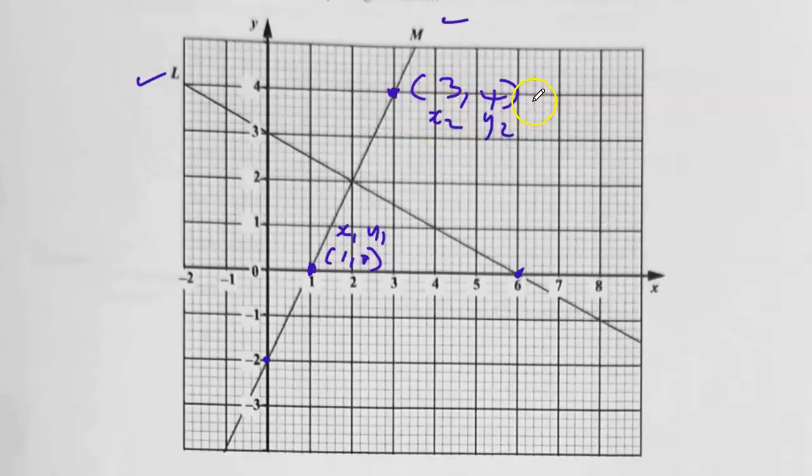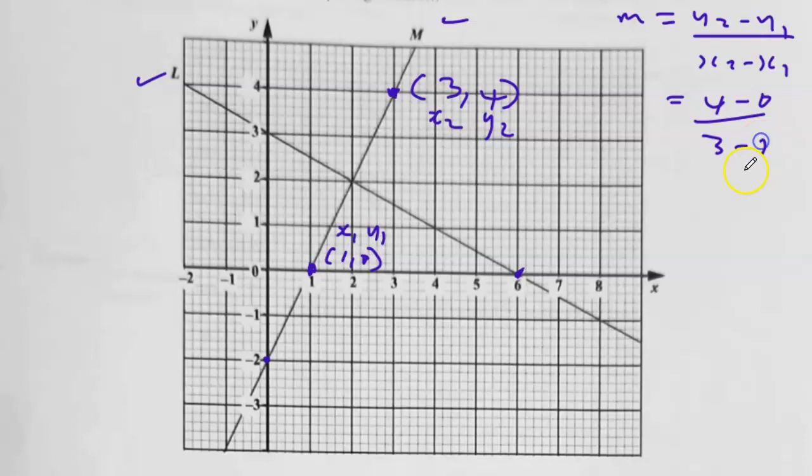This is all about finding the gradient of the line M. So for the line M, y2 minus y1 over x2 minus x1. So y2 is 4 minus 0, over x2 minus x1, that's 3 minus 1. So that's 4 over 2, which is equal to 2.